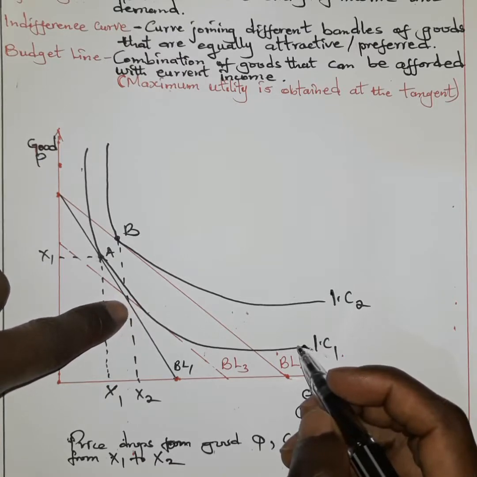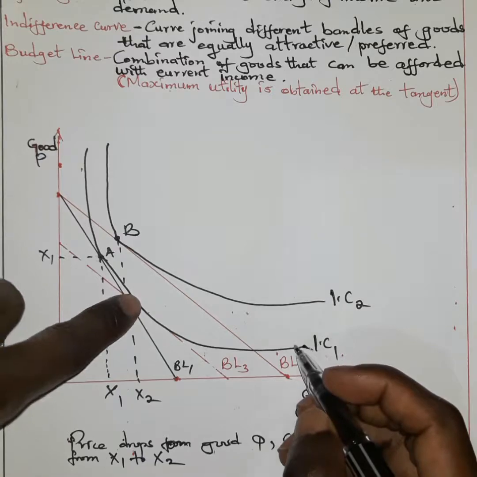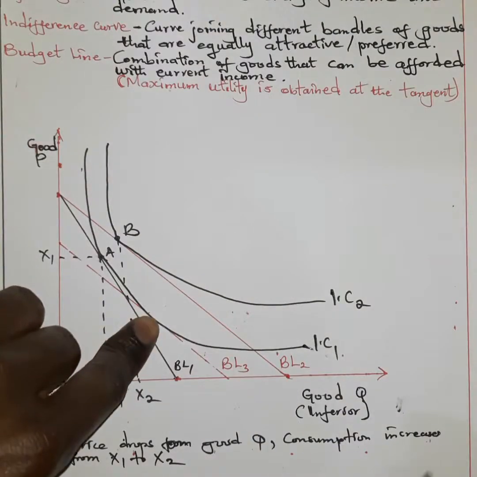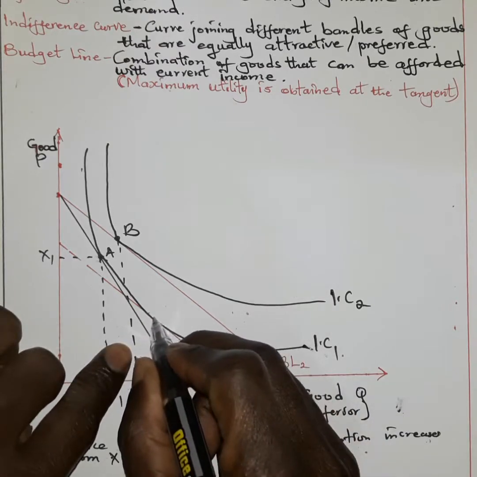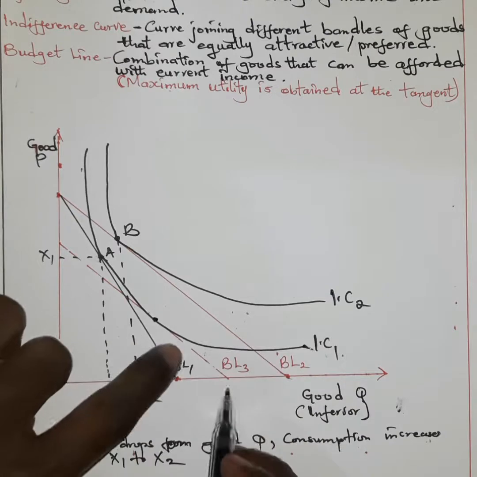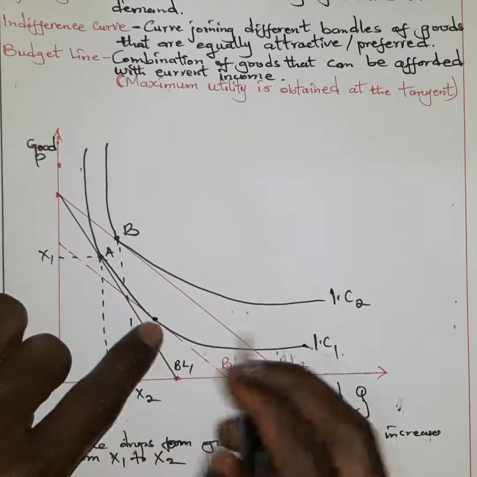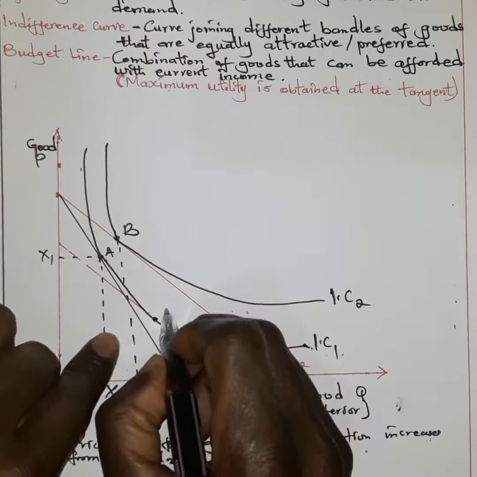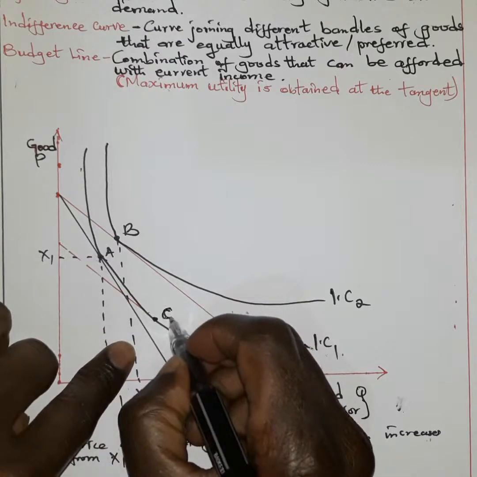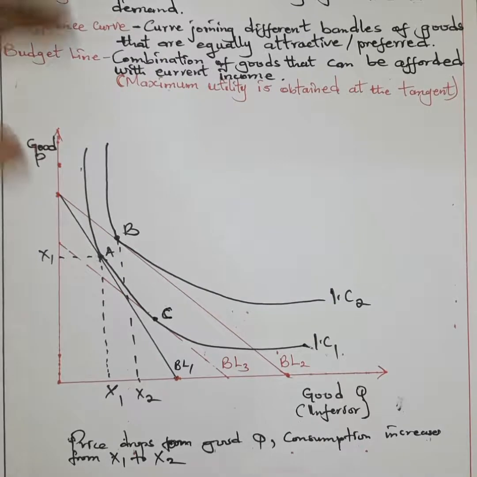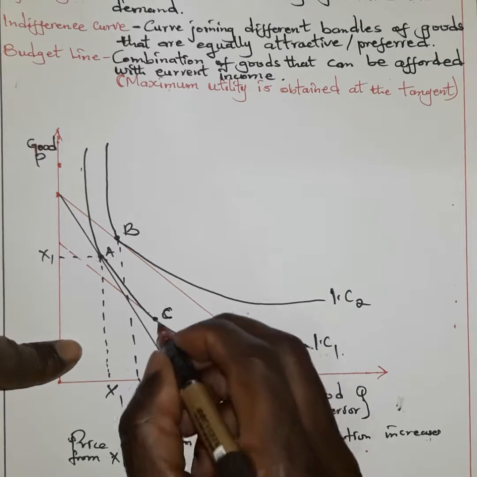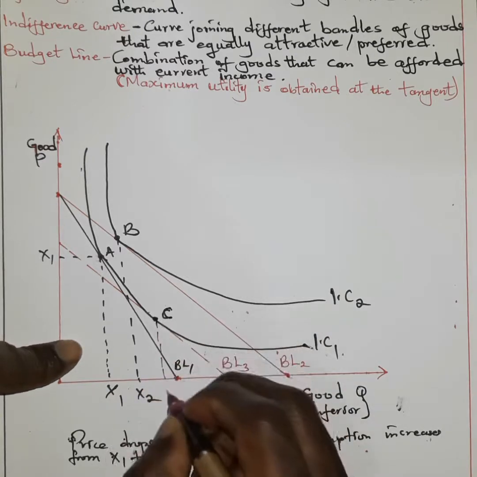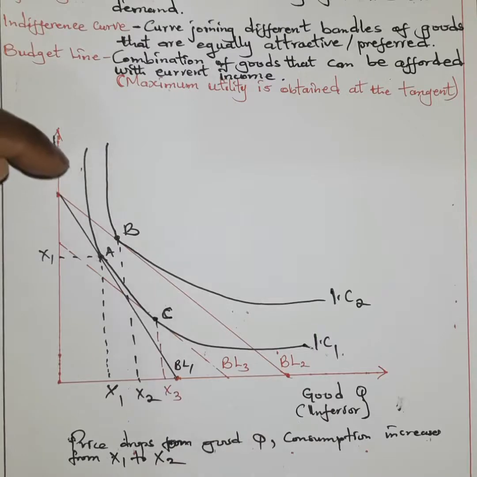You realize that it is at this particular point where budget line 3 meets indifference curve 1, which is actually at point C. Now, at point C, you realize that the consumption of goods has increased to X3.